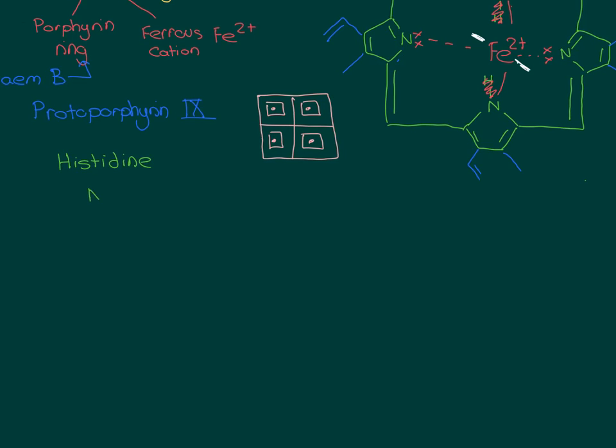So I'm drawing the histidine residue as a residue, which means that I'm drawing it as though it's in a polypeptide. So here's the amino group, here's the alpha carbon of the histidine residue, here's the carboxylic acid group, and then the carboxylic acid group is bound to the amino group of the next amino acid along. So now all I need to do is put the R group of the histidine, which is the important bit.